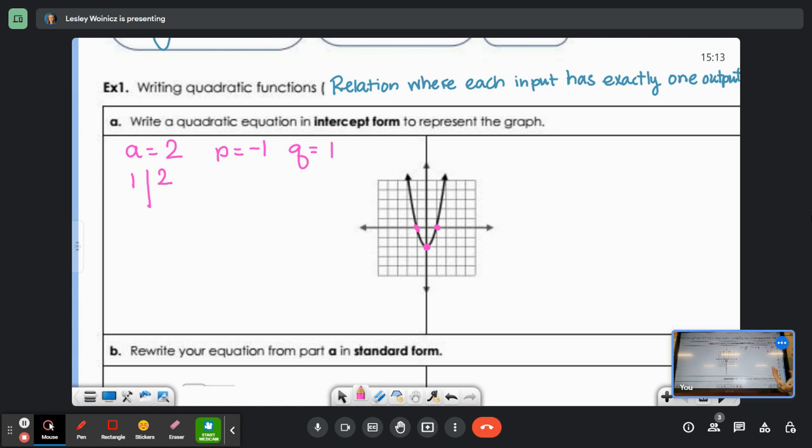So it will be y equals our 2 times x minus -1, which turns to plus, times x minus 1. Cool.